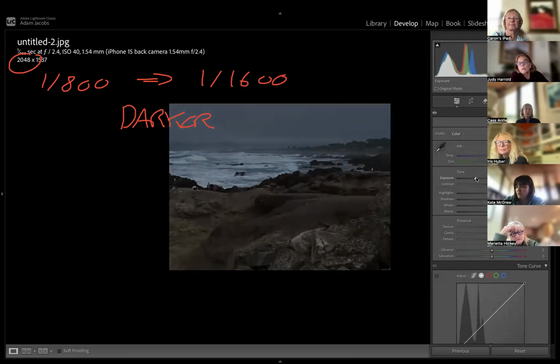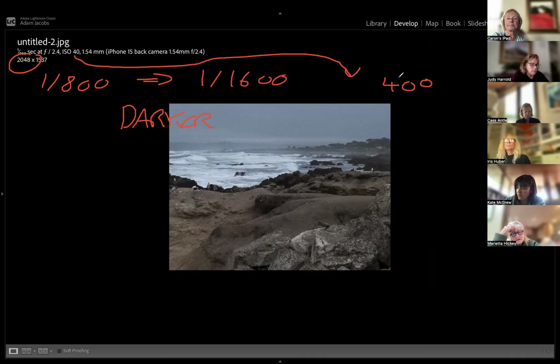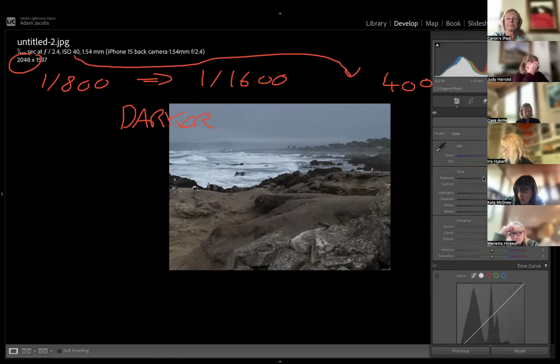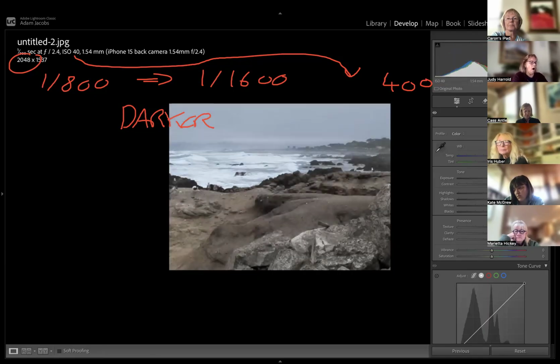So I got to turn it up, and the way that we turn it up from there to there is increasing the ISO, isn't it, not decreasing it. The ISO would go to like 400. You're right, it's compensating. The shutter speed's making it darker, but then we got to make it brighter again by lifting the ISO up.